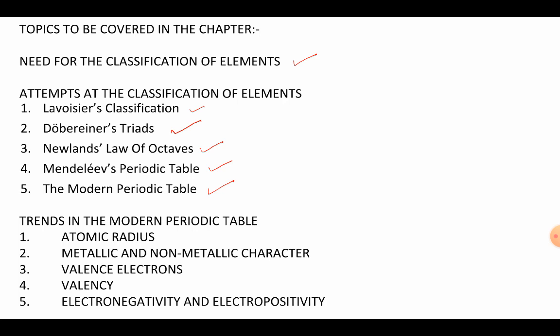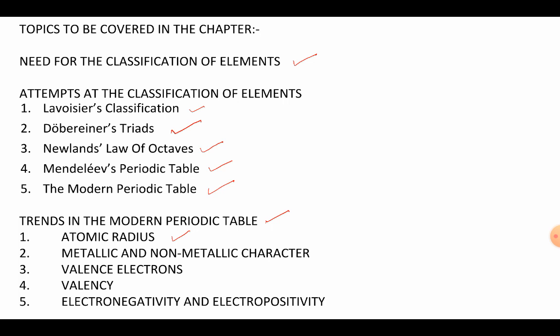After we are done with the attempts at the classification of elements, we will move on to the next topic of the chapter, very important: what are the trends in the modern periodic table. Trends means how the various properties vary in the group and in the period. So the first one is the atomic radius, that is, what will be its behavior in the group and in the period.